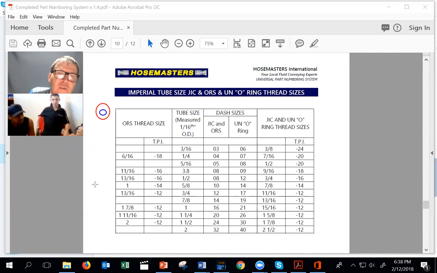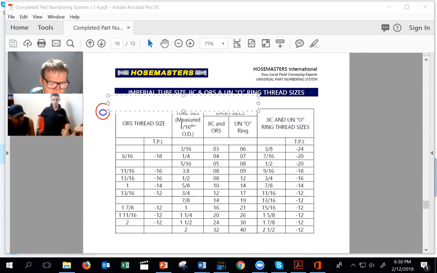And it's only an approximation. It's a very, very complex thing. A half-inch pipe is roughly a half-inch bore, but it changes depending on the wall thickness.